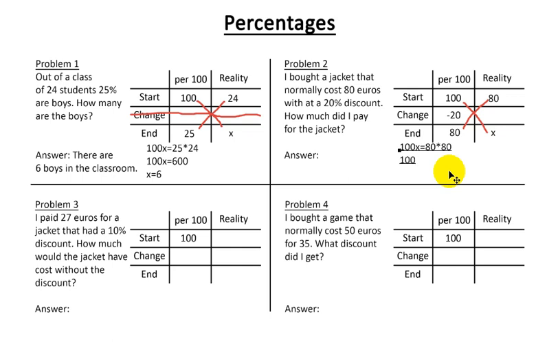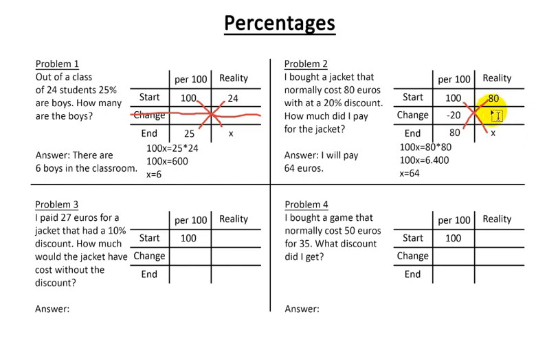So 100x needs to be equal to 6,400. Again, divide both sides by 100, and what you get is x is equal to 64. So after applying a discount of 20%, I will pay 64 euros.